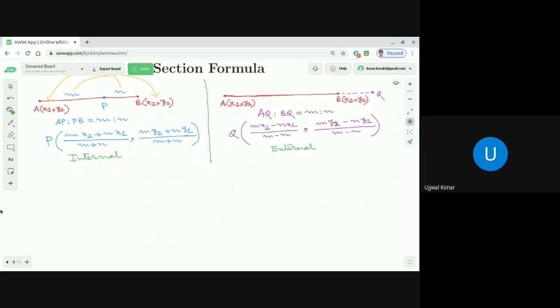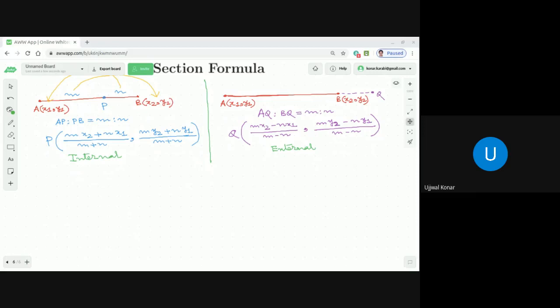All these derivations you can do on your own, using the fundamental concepts of geometry and the coordinate system, the distances. With this you can find the relationship between them.